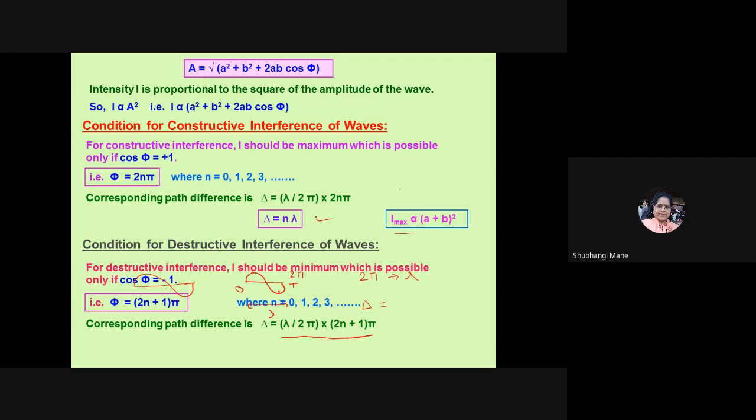That path difference equals n lambda for maximum of intensity, that is the condition for a bright band. And to observe destructive interference, the path difference must be equal to (n plus or minus half) into lambda. Okay, so these things you have to remember.